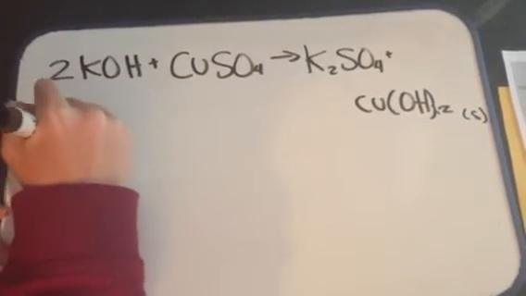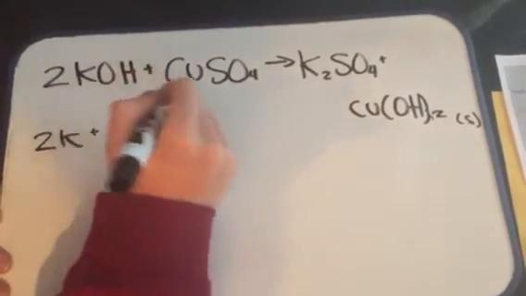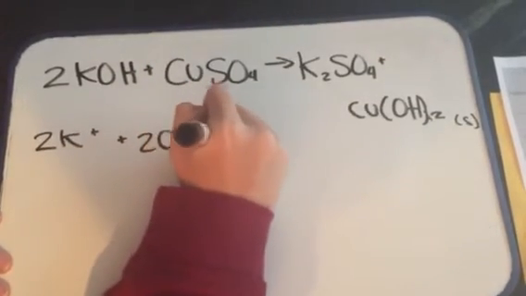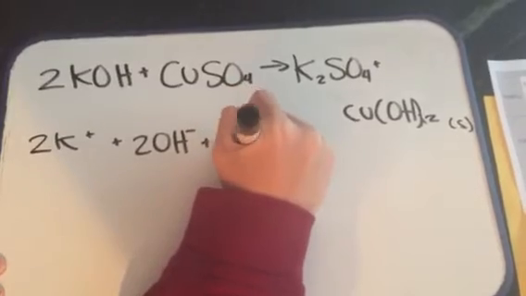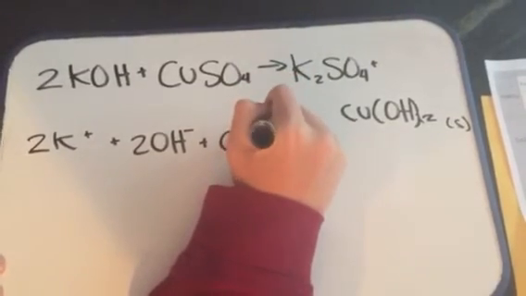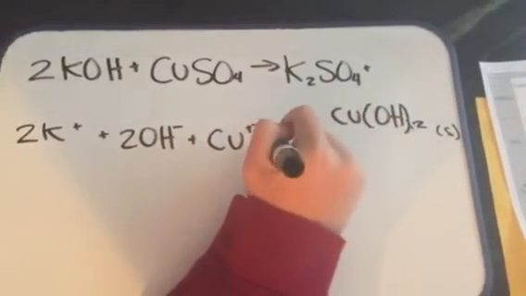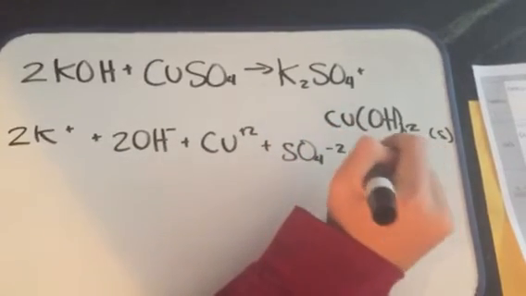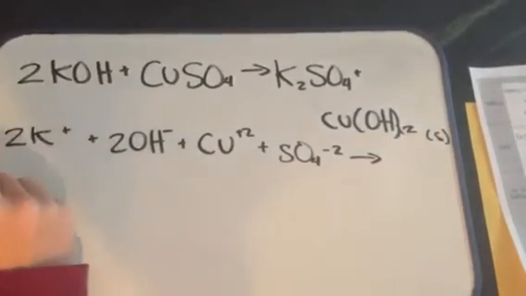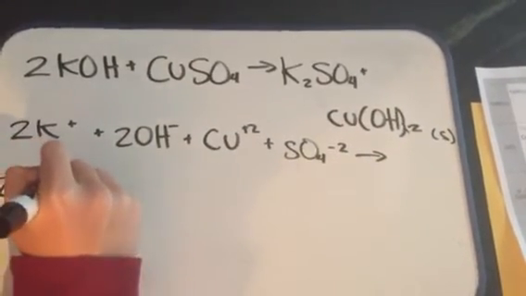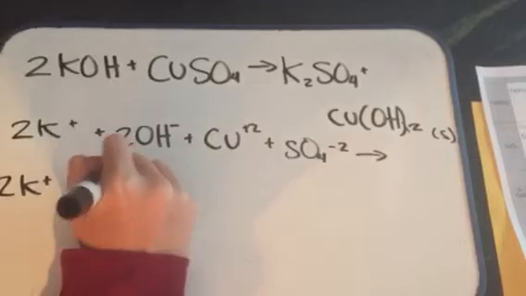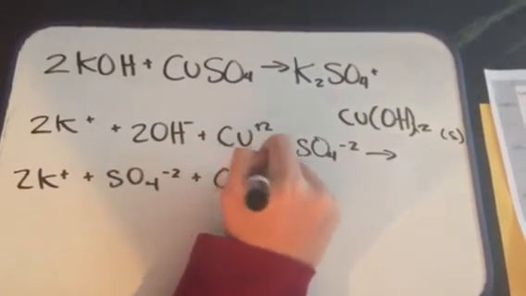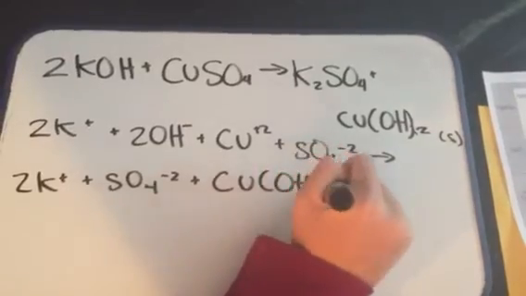Now it's 2K plus, 2OH minus, plus Cu 2 plus, plus SO4 2 minus goes to 2K plus, SO4 2 minus, plus Cu(OH)2.